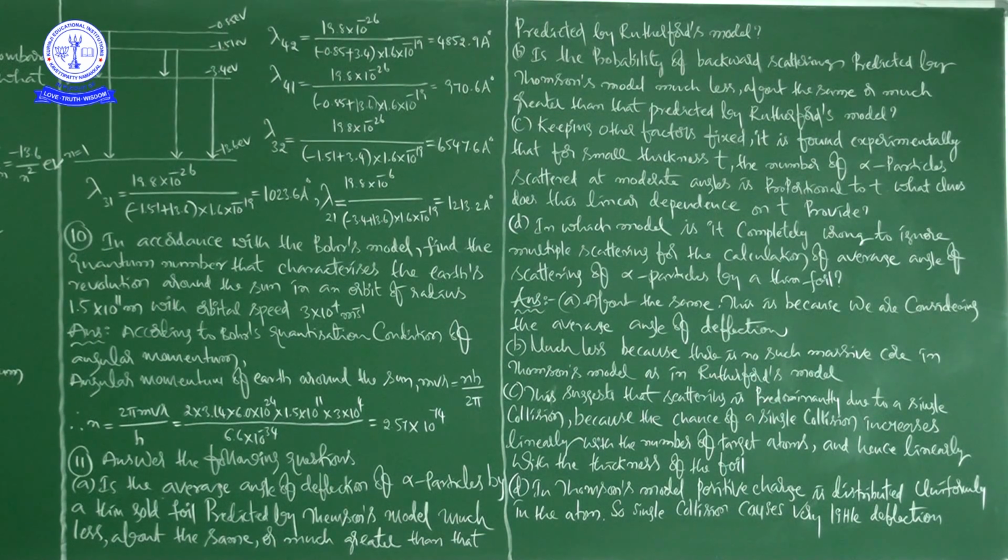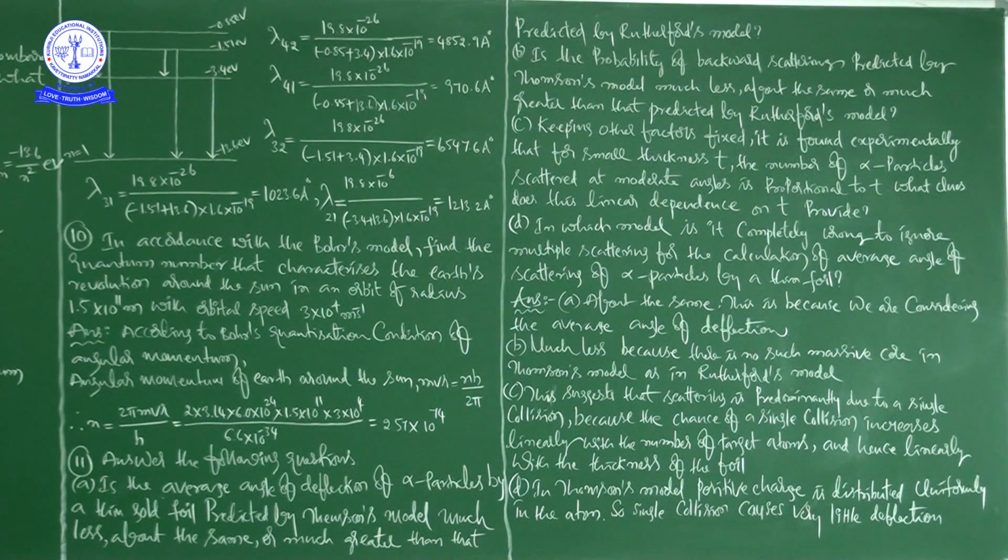Keeping the factors fixed, it is found experimentally that for a small thickness t, the number of alpha particles scattered at moderate angles is proportional to t.